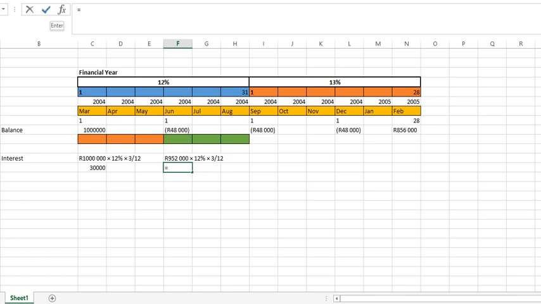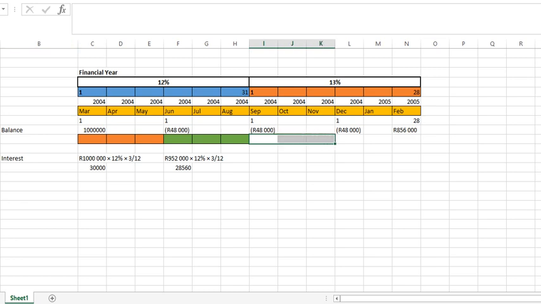So if we do this calculation, multiply by 12%, multiply by 3 out of 12, our interest for this period is 28,560.